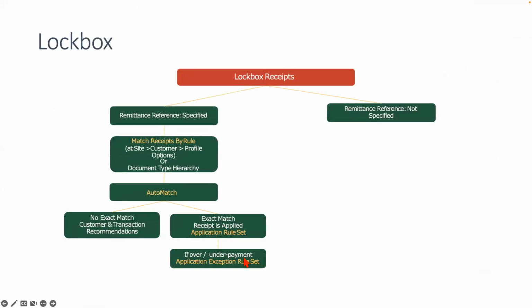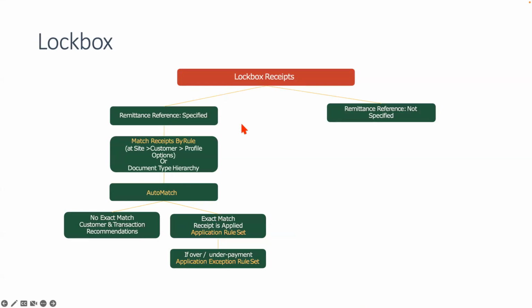Then it will go to the site to look at the application exception as site. So that's basically what happens. You can see that the setup is, you've got some in the site, you've got some in the options, system options, you've got some again in the site, and so on. So that's basically how it works.